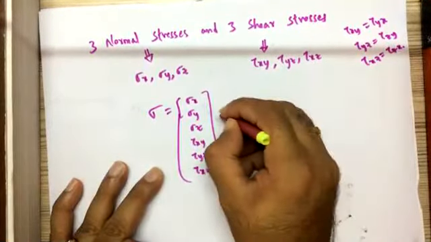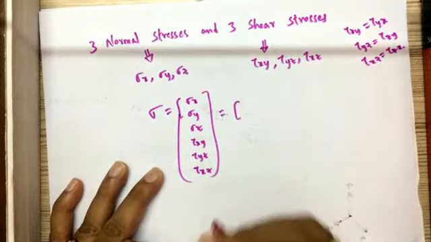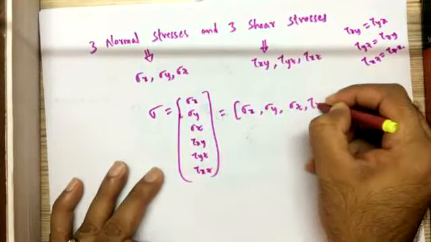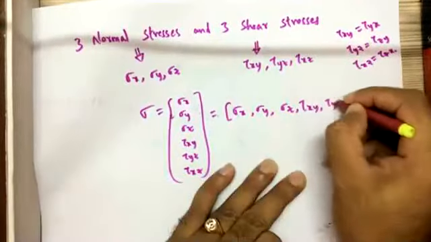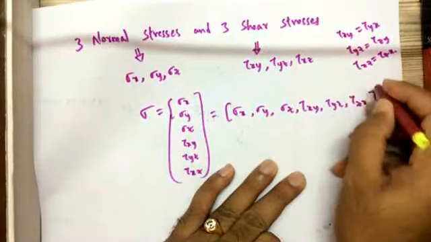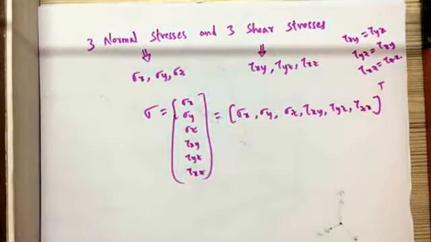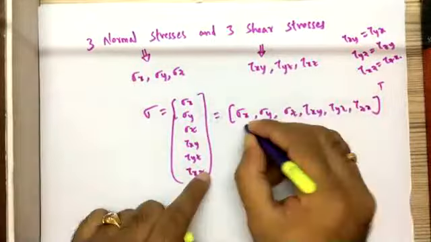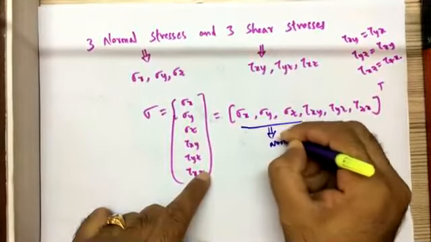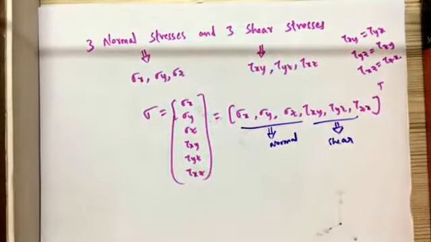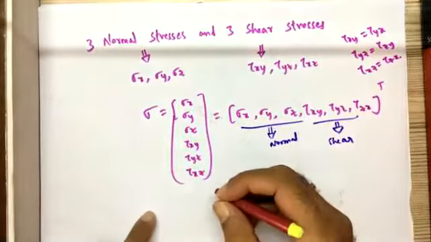I can write this as a row matrix with a transpose: sigma x, sigma y, sigma z, tau xy, tau yz, tau zx. If you want, you can put commas to differentiate the entries. So these are the three normal stresses and three shear stresses.